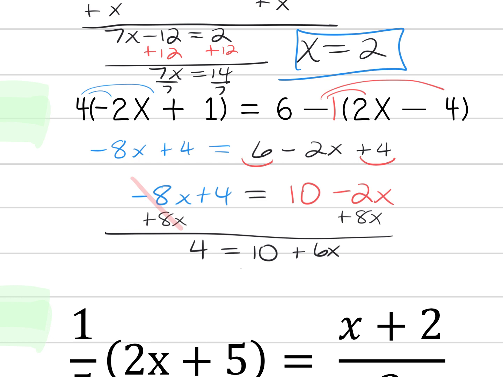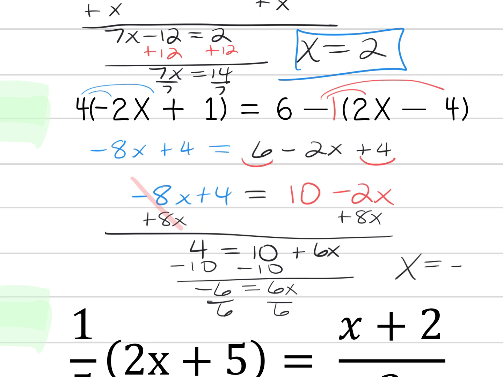And then from there, move the 10 now and get negative 6 equals 6x. And then divide by 6. And negative divided by a positive gives you a negative 1. Again, it doesn't matter which way you move your variables or your numbers. Just remember, your goal is to get variables on one side of the equal sign and the constants on the other.